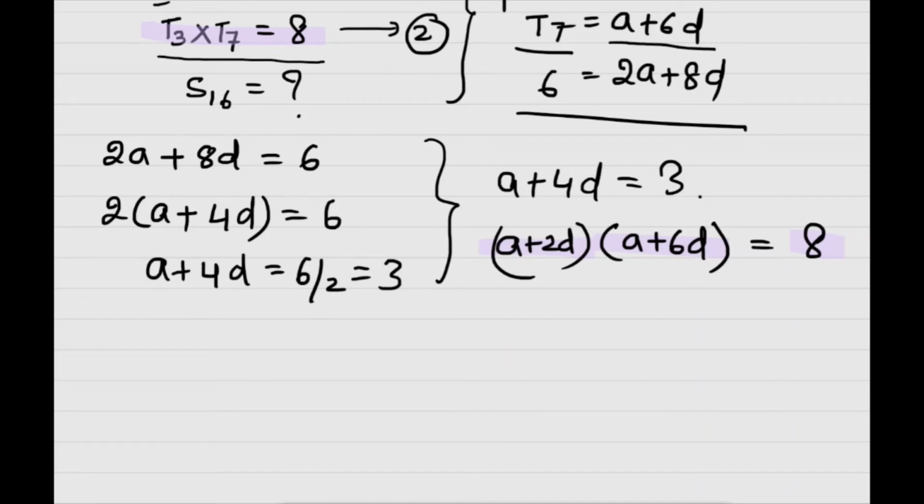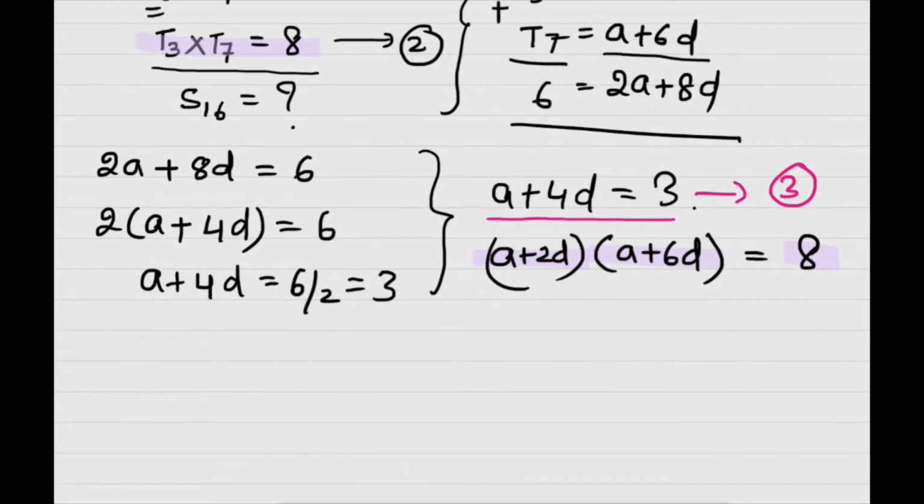Now let's take A plus 4D as equation 3. Okay. Now see, A plus 2D into A plus 6D. First of all, from here you can change either D or A to one term so that we can have only one variable here. If you have only one variable in the LHS and numbers in the RHS, you can calculate the variables.